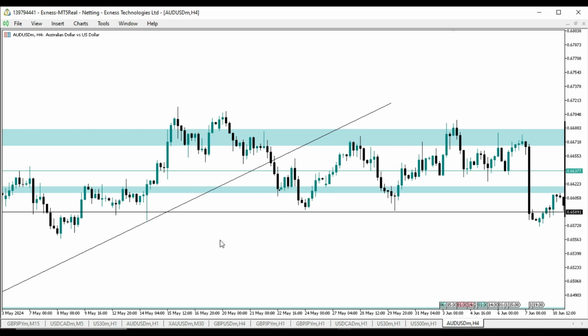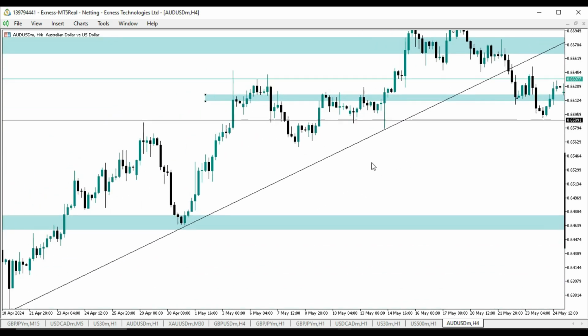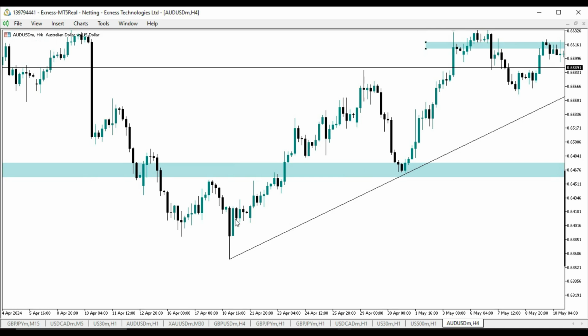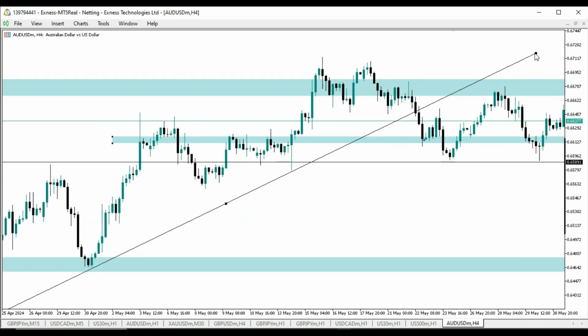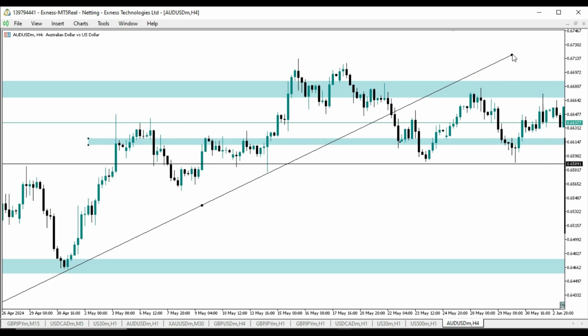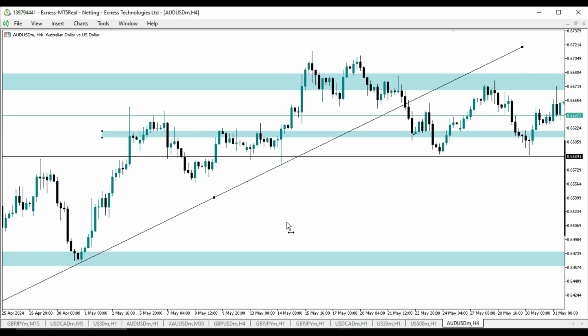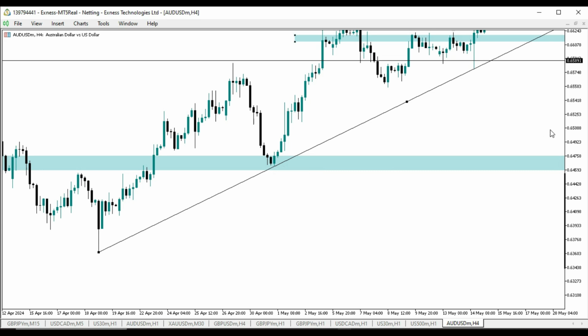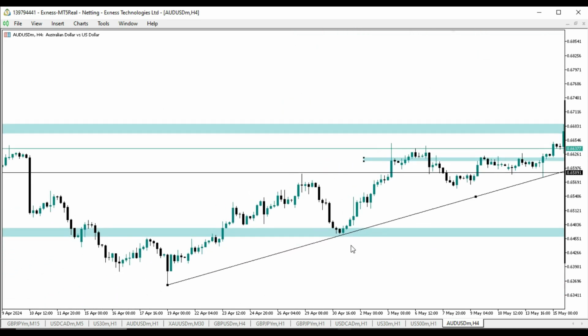So what you will need as a trader is to wait for the bounce on the trend line. What do I mean by the bounce? This is the first touch, this is the second touch. Let me adjust it properly so that you guys will know the bounce. Okay, so now this is the bounce. When the market was coming down, look at the selling pressure.